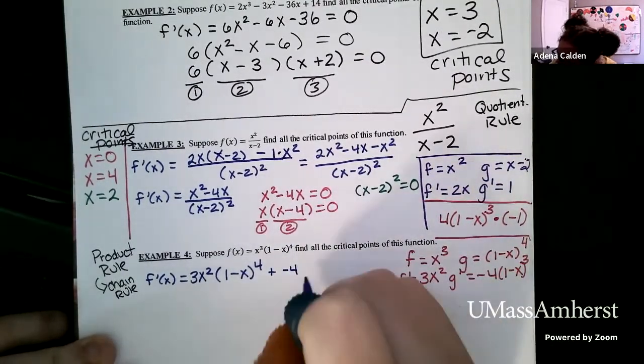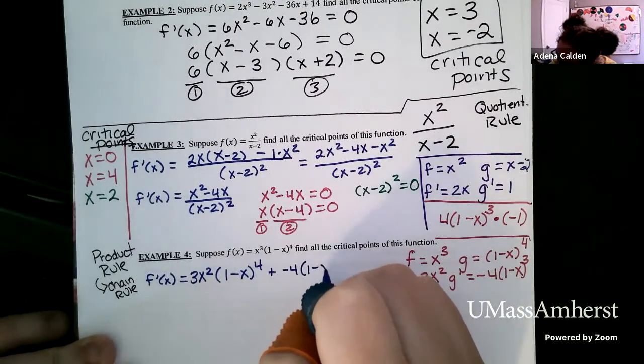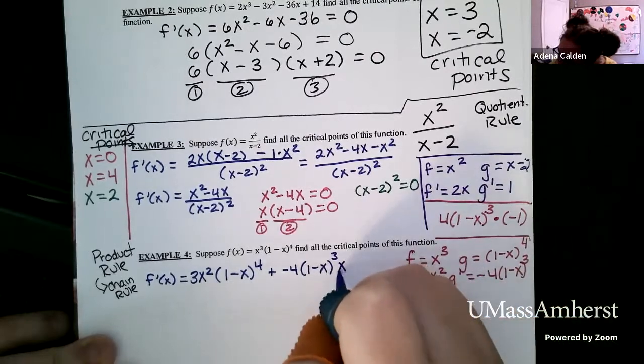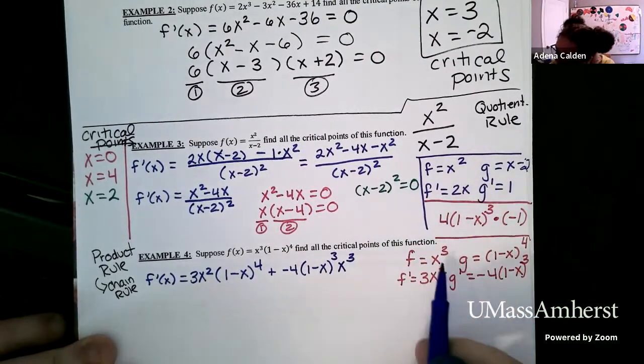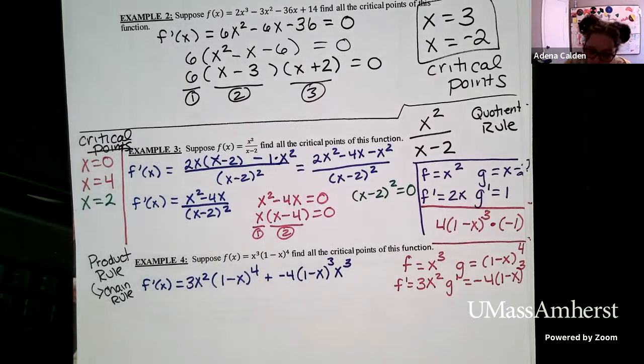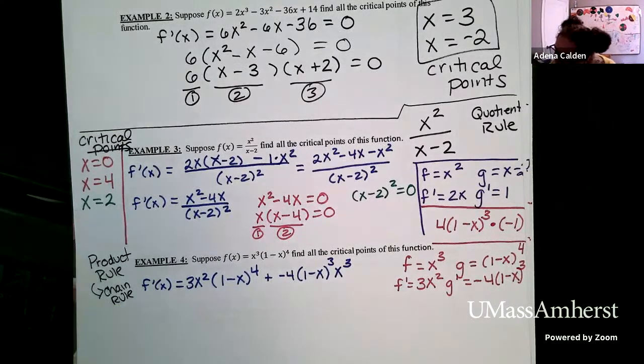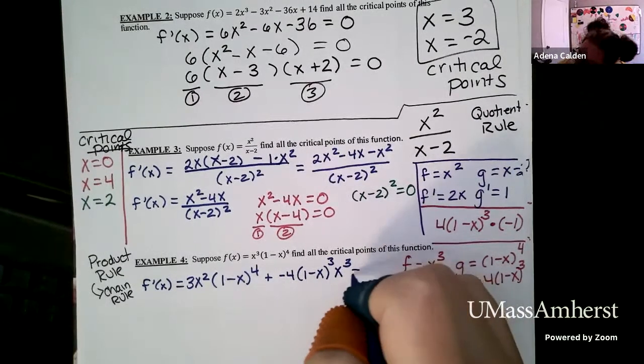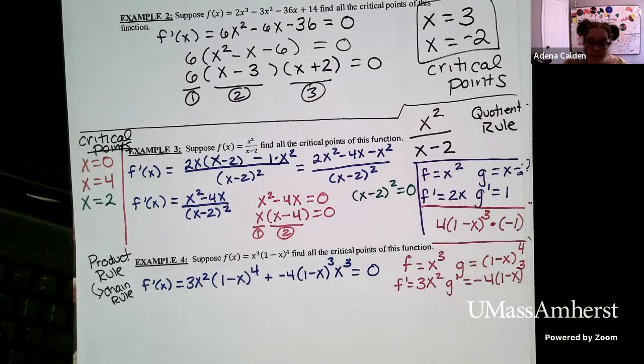So negative 4 times 1 minus x cubed times f, which is x cubed. Okay. So once we have all the pieces there, again, if we were just looking for the derivative, we wouldn't have to worry about factoring or simplifying or anything like that. However, we want to answer the question, when does this equal 0? And so in order to answer this, we do need to factor it.